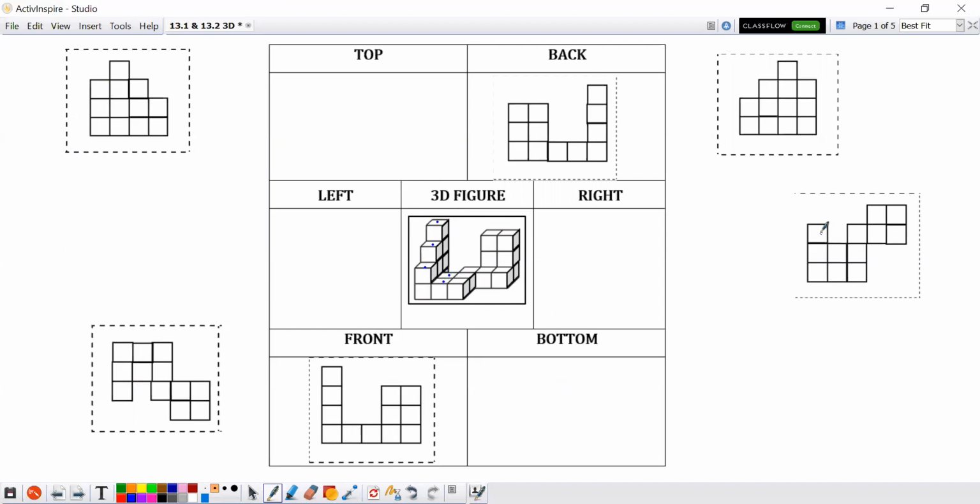So like this one has 1, 2, 3, and then it has 2 cubes on the second column. Then on the third one, I can see 1, 2, 3 cubes. So that would be this one. And then here I can see 1, 2, and then this one, the top 1, 2. And so those are those last 4 right there. So I'm going to drag this one to the top view.